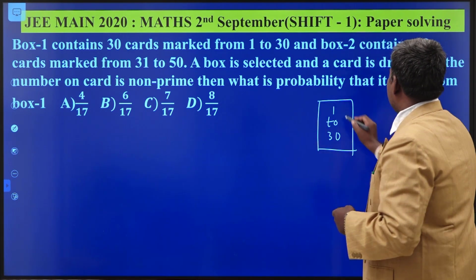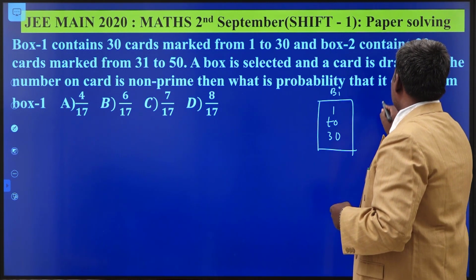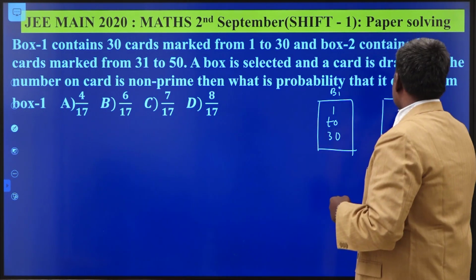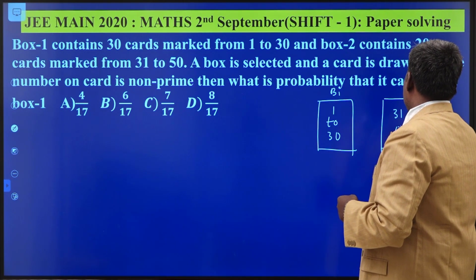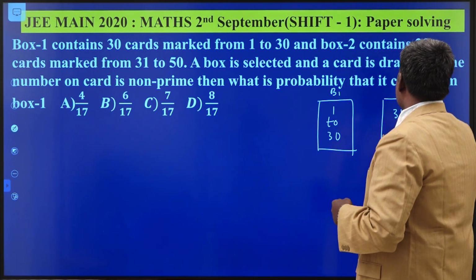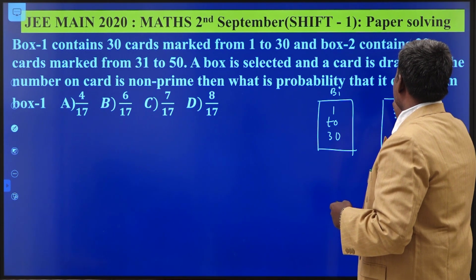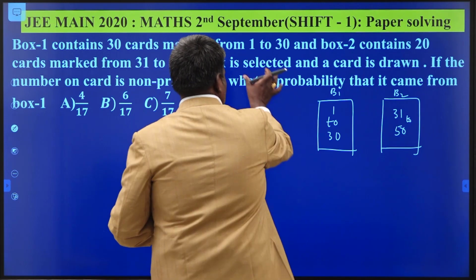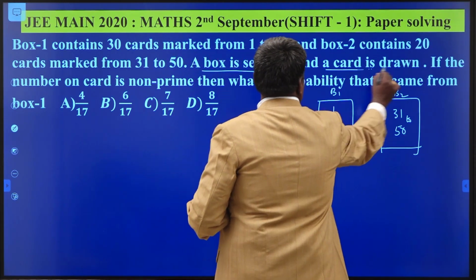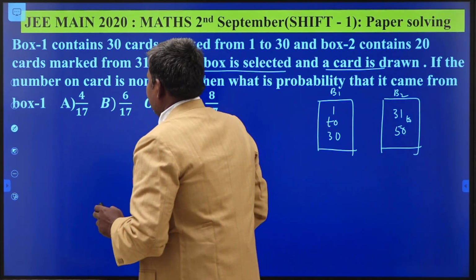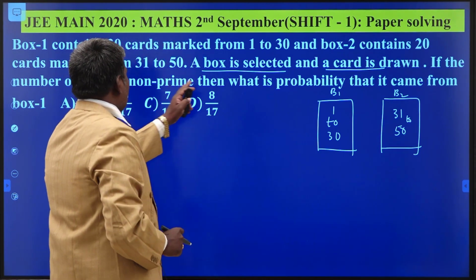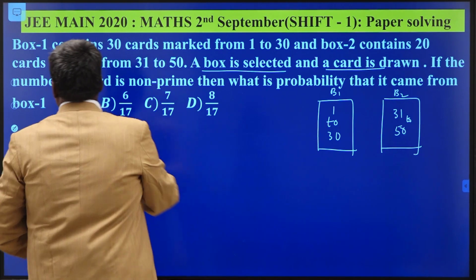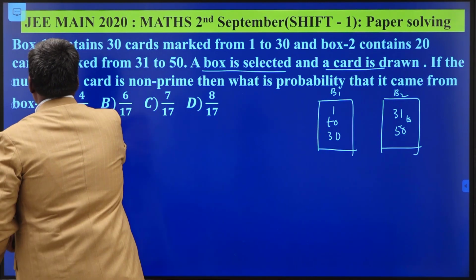And box 2, B2, contains the numbers from 31 to 50, which consists of 20 numbers. A box is selected and a card is drawn from it. If the number on the card is a non-prime number, then what is the probability that it came from box 1?